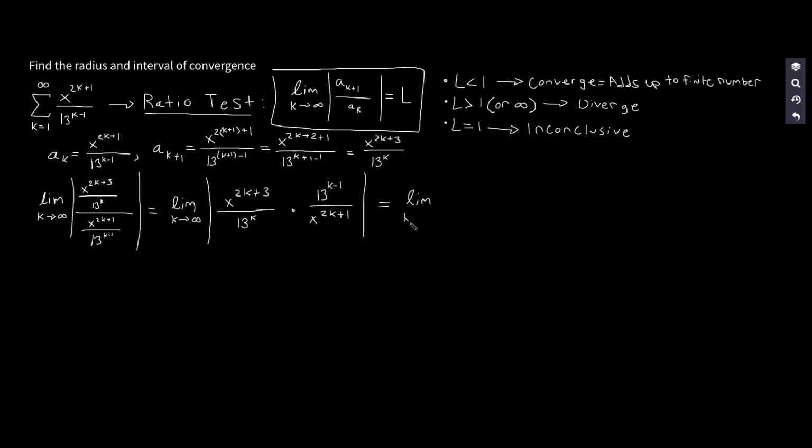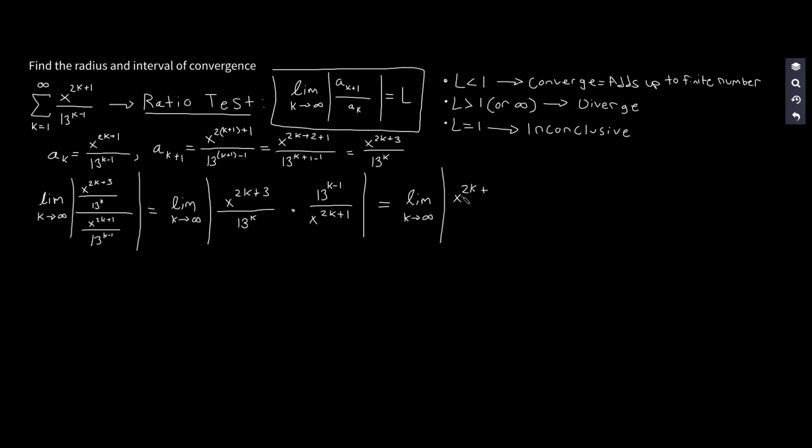We have the limit as k approaches infinity, and it's still going to be the absolute value. But I'm going to put these x's and these 13s together in their own rational expressions, just because it makes more sense to me when canceling things out.